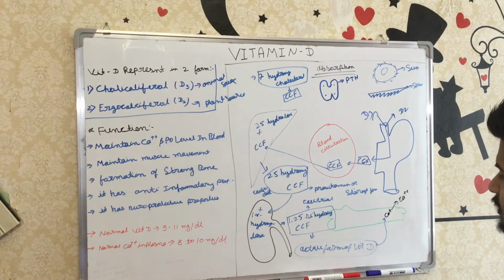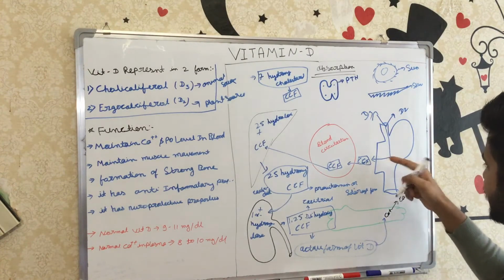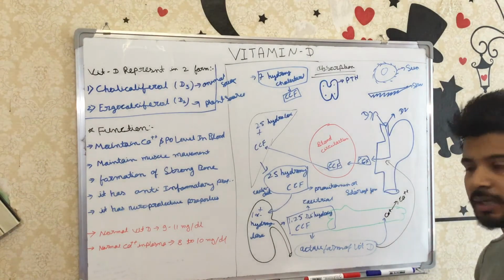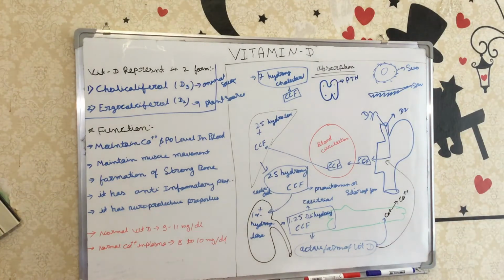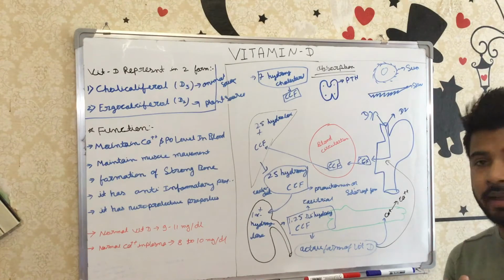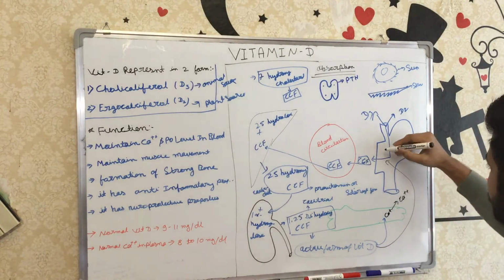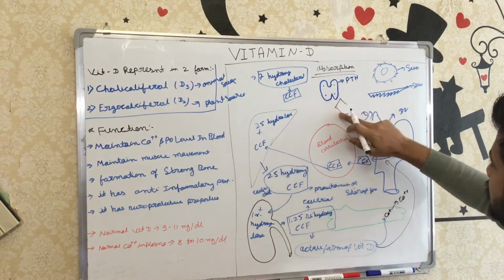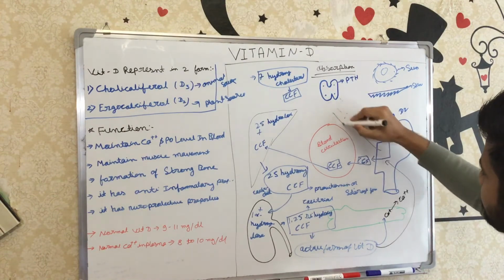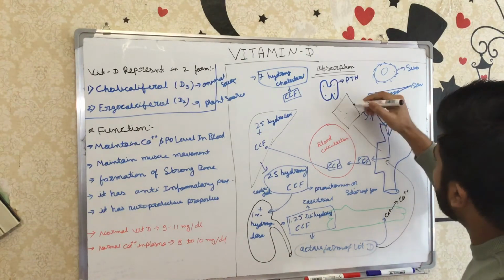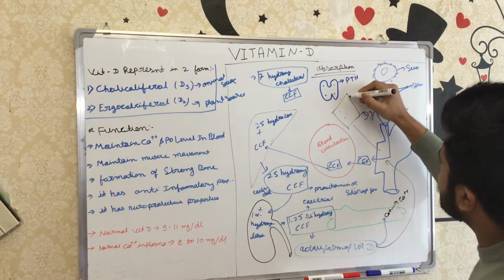Second function, vitamin D will go to the GIT mucosa, and in the GIT mucosa it will bind to the mucosal cell. Here is the special receptor, the vitamin D receptor.